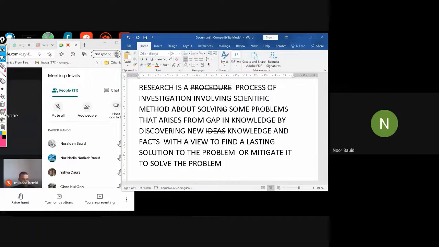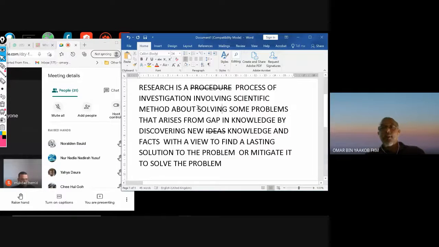In this case, we can replace this with about generating new ideas. Okay, so you're saying it's about generating new ideas that arises from gap in knowledge. Is that what you mean? Okay, I just follow you.